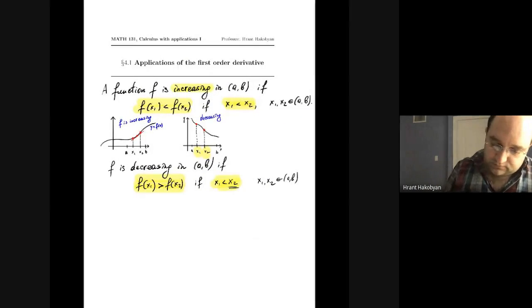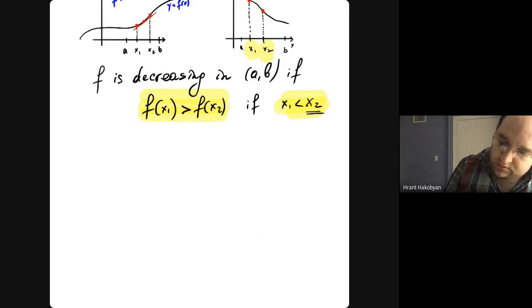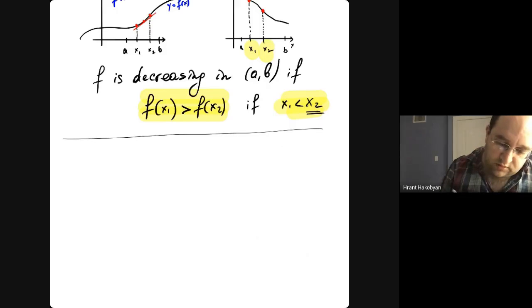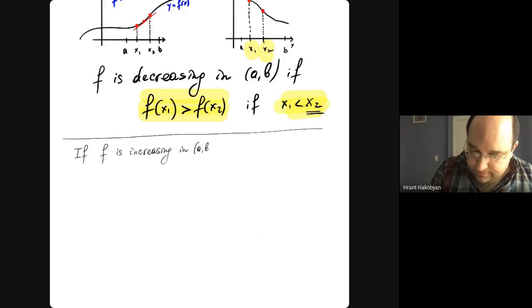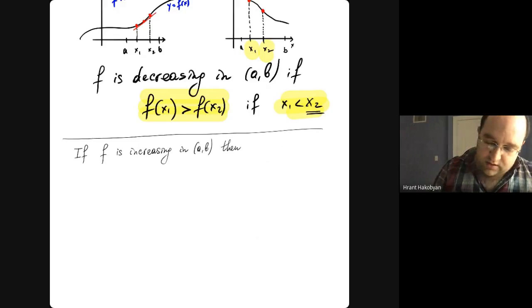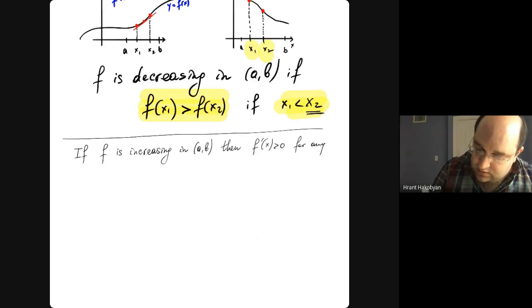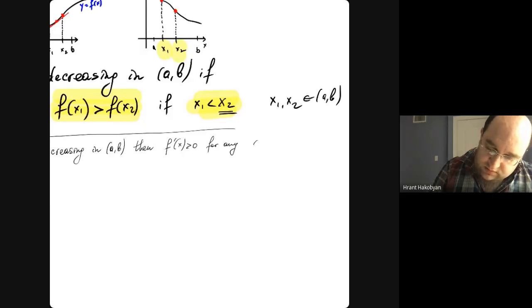So if f is increasing in an interval AB, then the derivative of f at any point in that interval is positive, for any x in that interval.